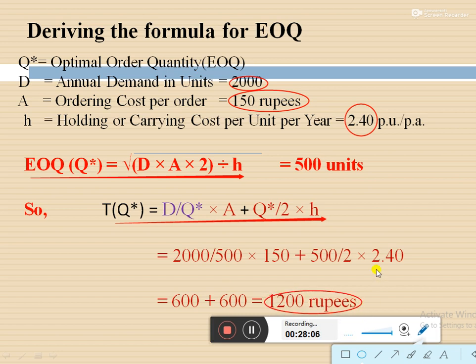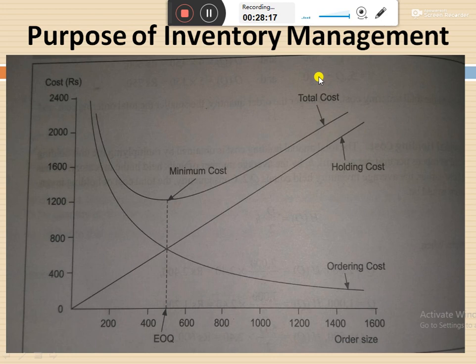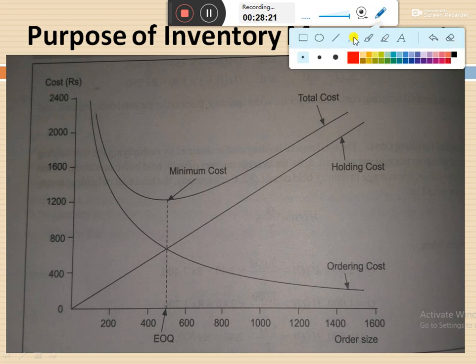In this way, with the help of the economic order quantity model, or classical EOQ model, we have calculated the total cost of the inventory. The graphical representation of this problem also gives the solution, that is, EOQ equal to 500 units.